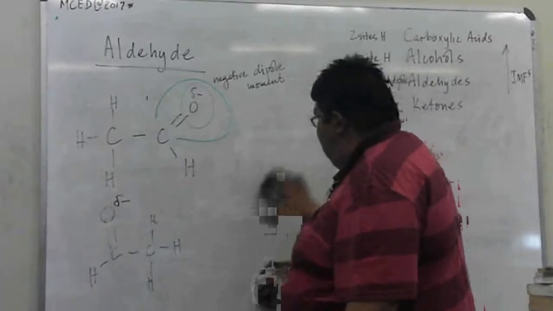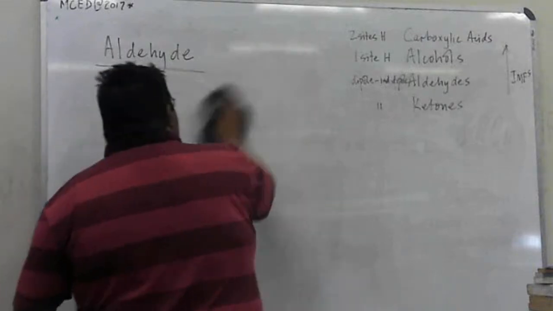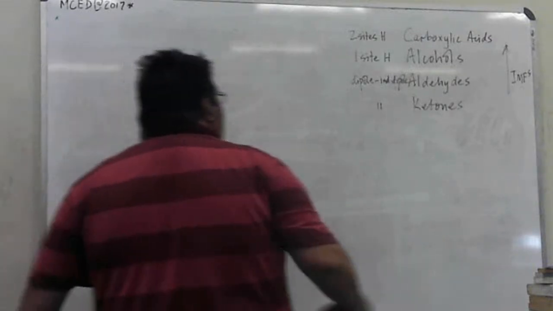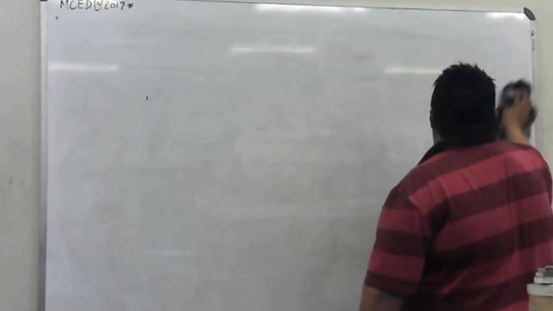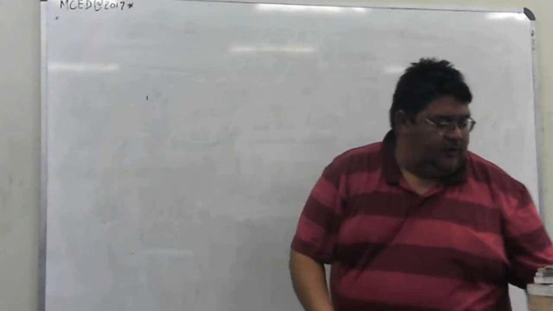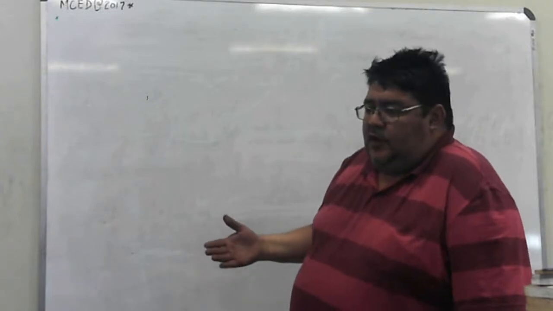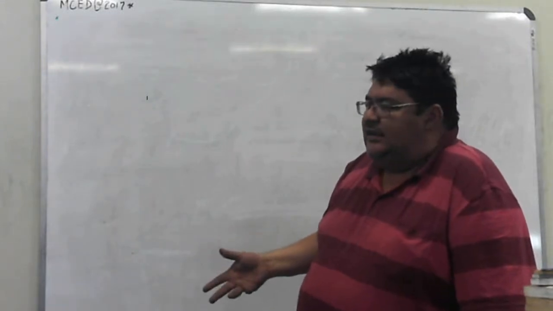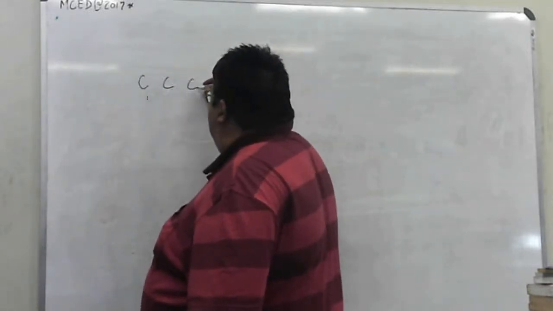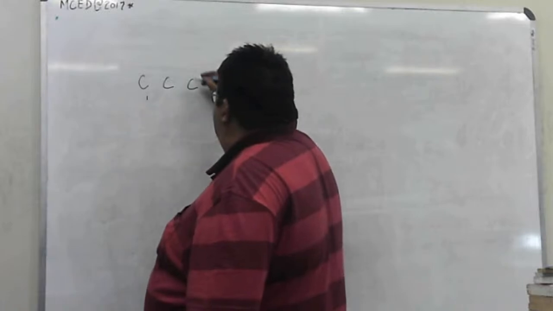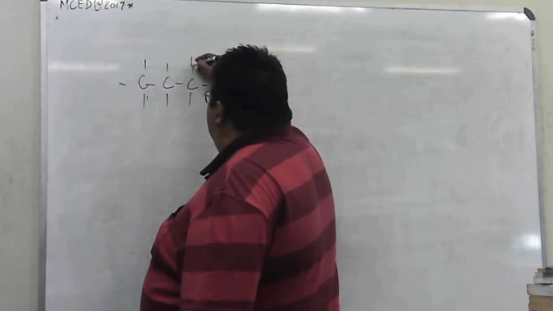The last type of intermolecular force I want to tell you about is the weakest of the lot. So within a hydroxyl group or a carbonyl group, we can develop dipole moments, but if there's nothing, like, let's have a look at propane, butane.